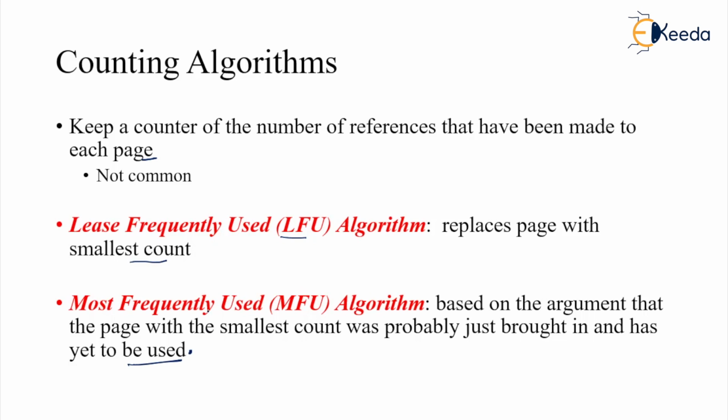So that is the two ideas. That is your counting algorithm. LFU replaces the page with the smallest count, and MFU replaces the page with the smallest count because it was just brought in and is yet to be used.